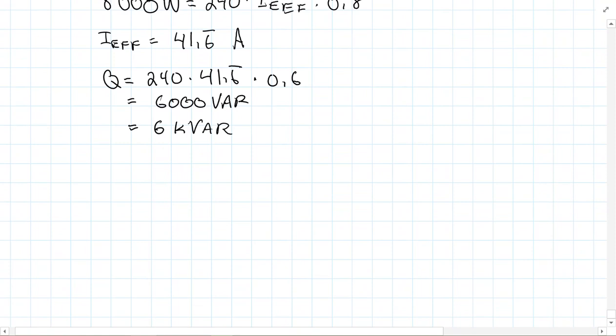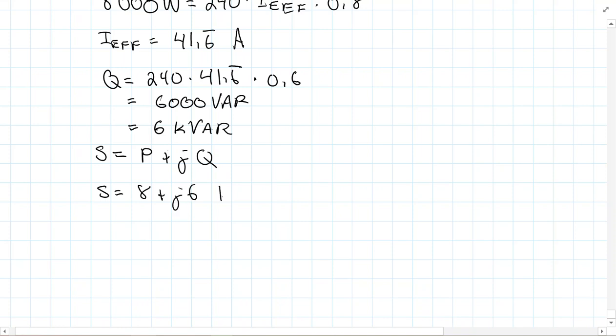And so then what we could do here is write my complex power down, which is just, I'm sorry, not Q, P plus jQ. So my complex power would simply be 8 plus j6.